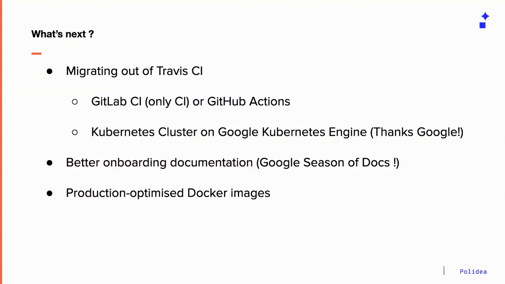We are going to have better onboarding documentation, and again, Google helps here because they run this initiative called Google Season of Docs, like Google Summer of Code, but for docs, and they are joining together technical writers and open source communities from all over the world. So we now have 2 technical writers assigned to our project, and one of the things I'm piloting is improving the onboarding contributor documentation that will come in the next few months.